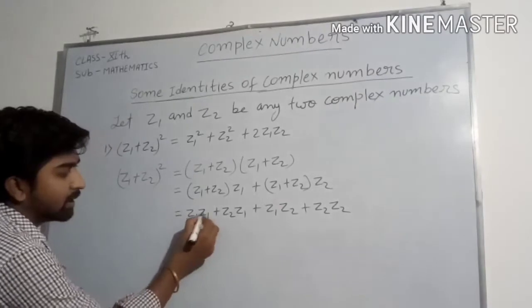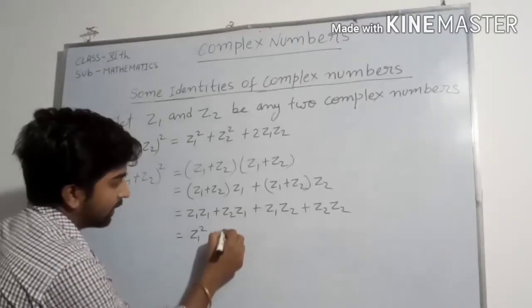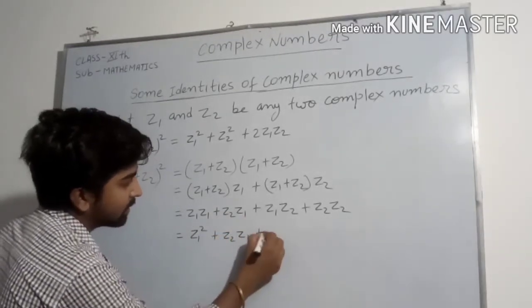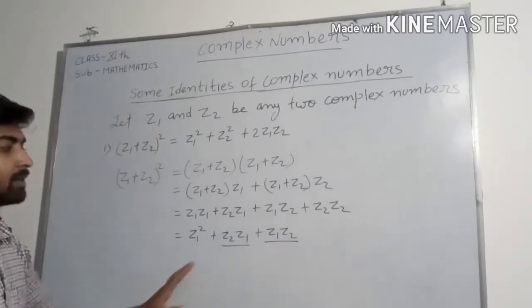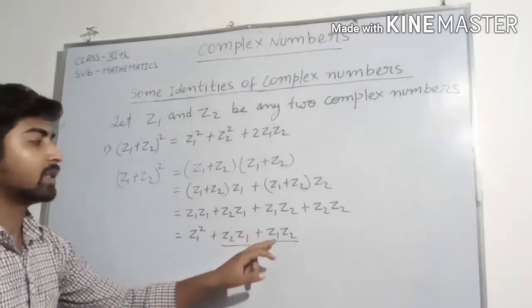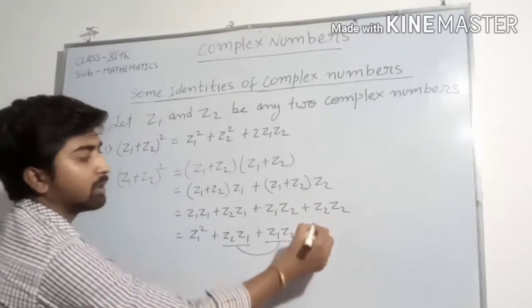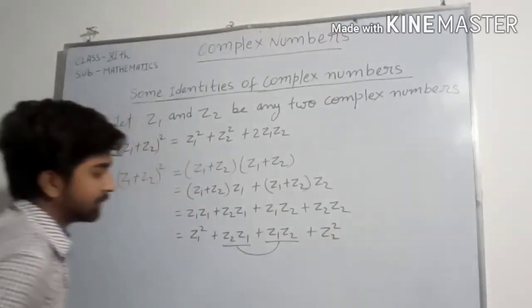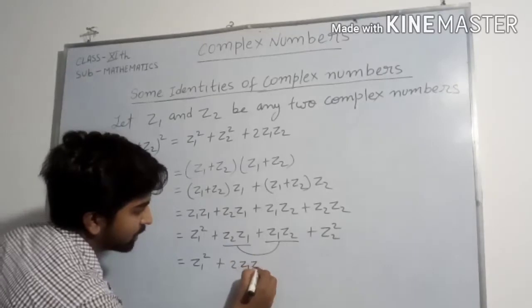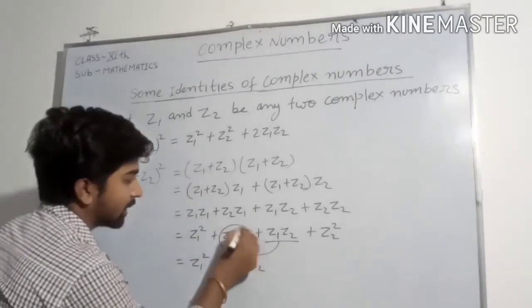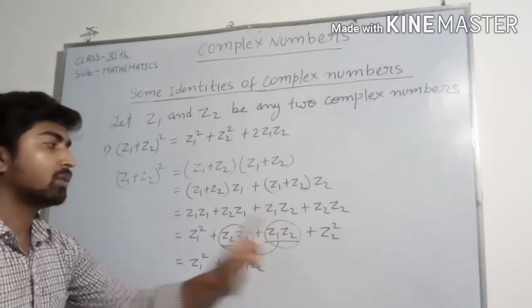We can write z1 into z1 equals square of z1, and z2 into z1 and z1 into z2 are the same. So we can write z2 into z1 as z1 into z2.